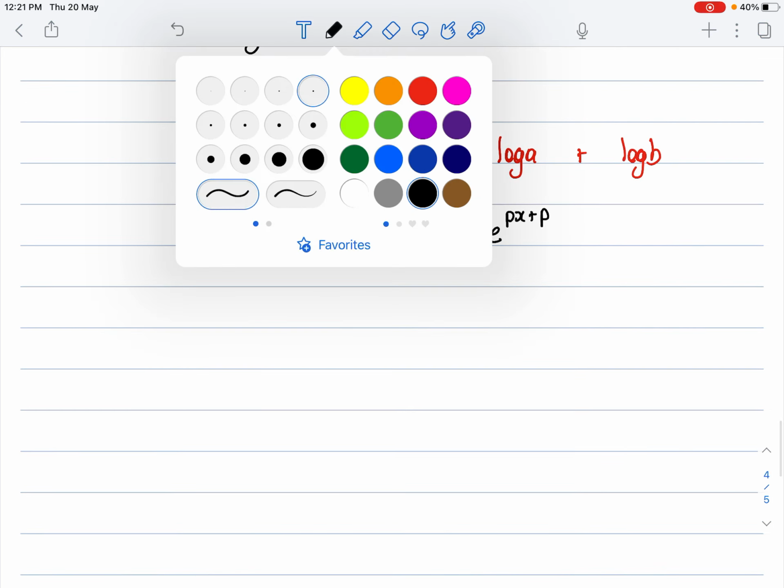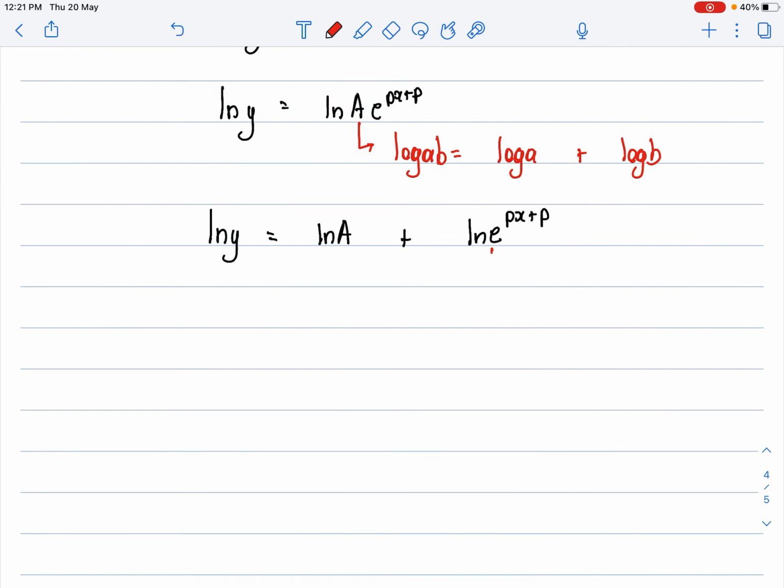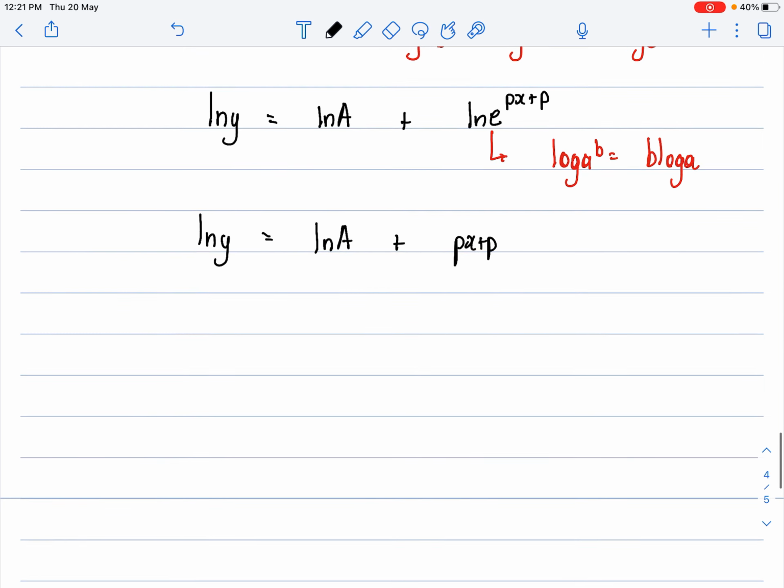Now I can use the property that log of A raised to B can be written as B log A. So I can write this equation as ln y equals ln A plus px plus p into ln e, which I know is 1.